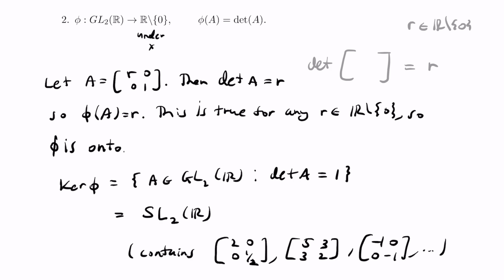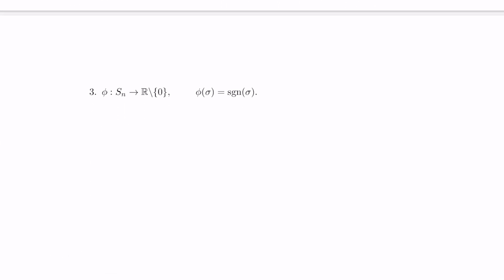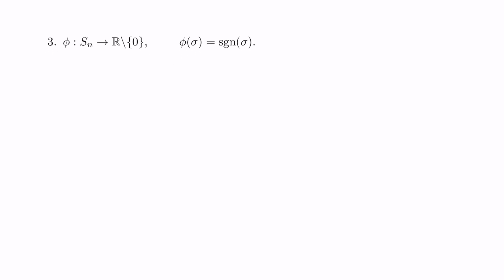So this is something that we could expect. But I want to emphasize how knowing that something is the kernel of a homomorphism gives you that it is a subgroup. And it shows you a way to handle a previous assignment problem in a much quicker way using these foundations with homomorphisms. So we're going to look at a homomorphism from the symmetric group Sn on n elements to the non-zero reals under multiplication.